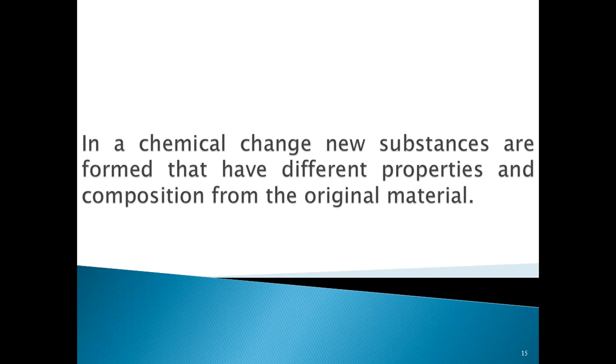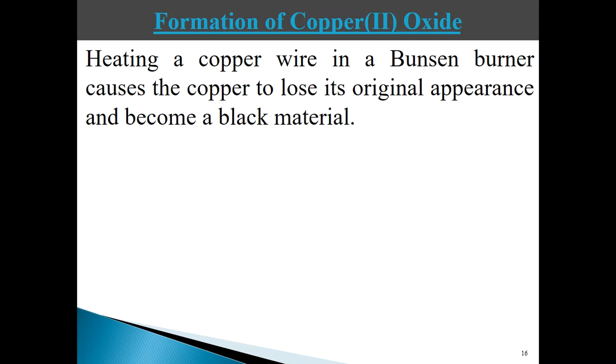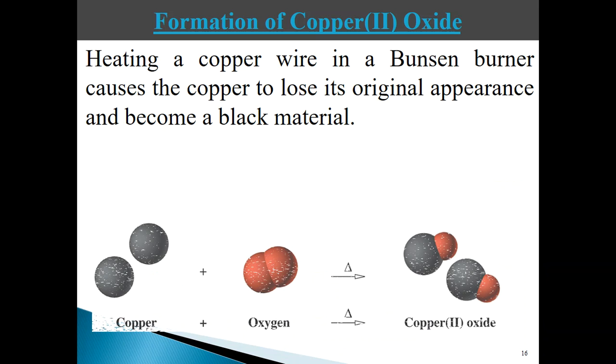In chemical changes, what you have is new substances that are created from the original material. All right. So what you'll find is that a new substance that is formed will have completely different properties from the substance that you started off from. An example of this is when you heat copper wire in a Bunsen burner, then what happens is that the copper reacts with the oxygen to form a new compound known as copper 2 oxide.